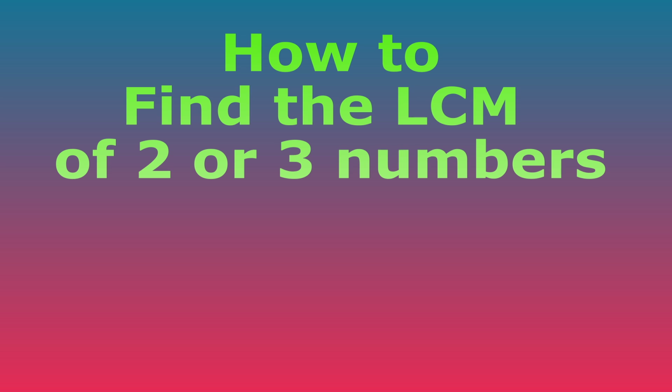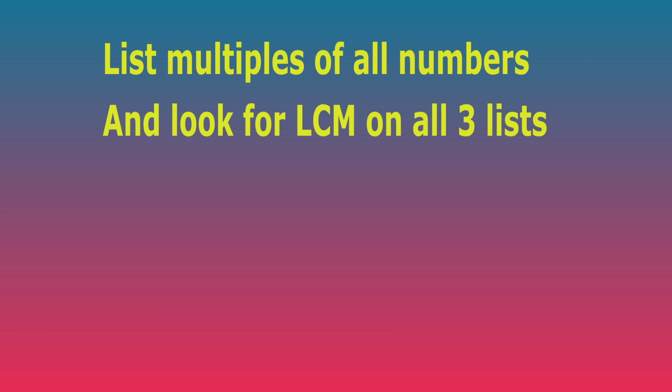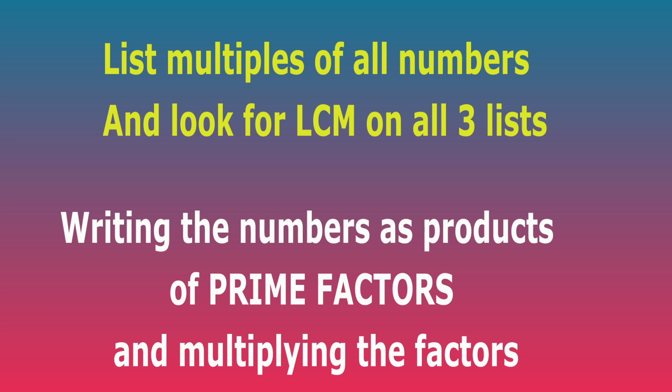Actually, you can use it for any amount of numbers by using exactly the same 2 processes. The first method, by listing the multiples of all the numbers and looking for the lowest common multiple, or the second method, by writing all of the numbers as products of prime factors and then multiplying the factors together to find the lowest common multiple.